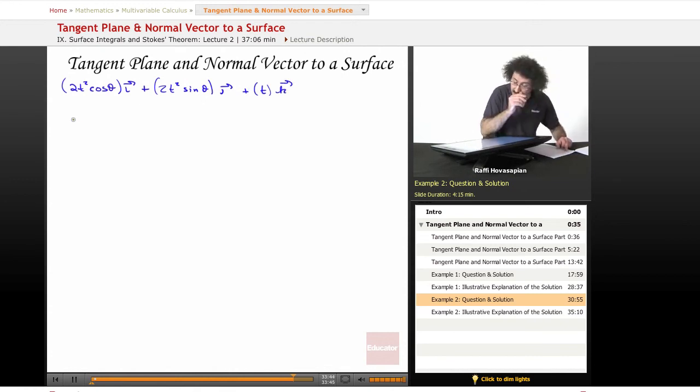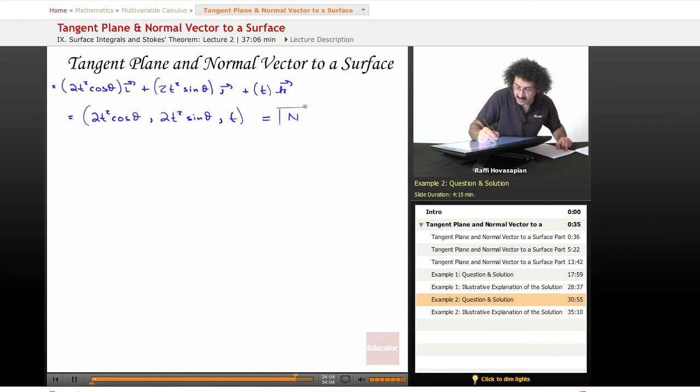And expressed in regular list notation without the ijk, I end up with 2t squared cosine theta, 2t squared sine theta, and t. This is my n. That's my normal vector.